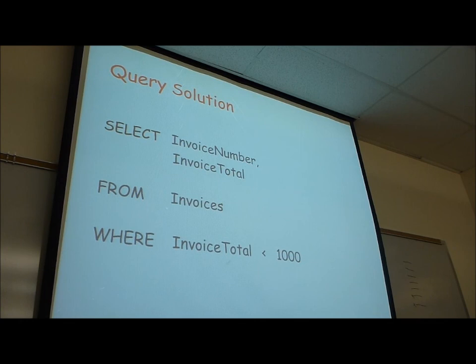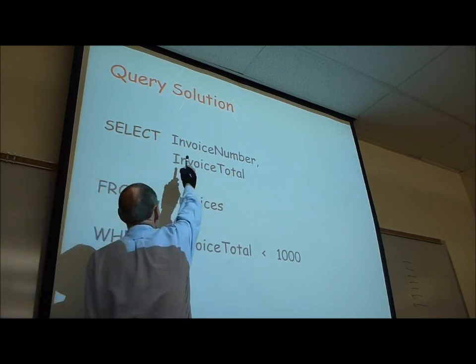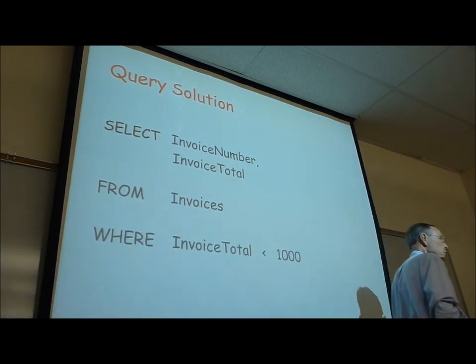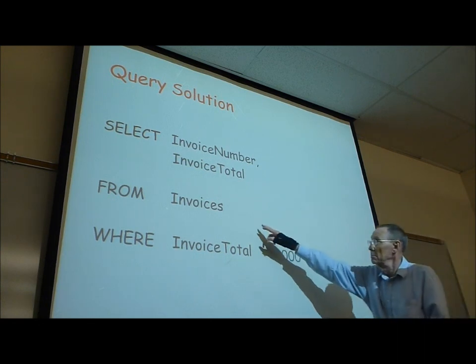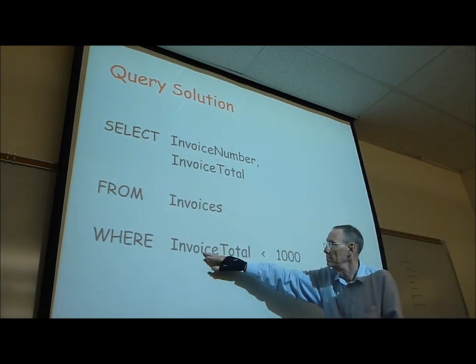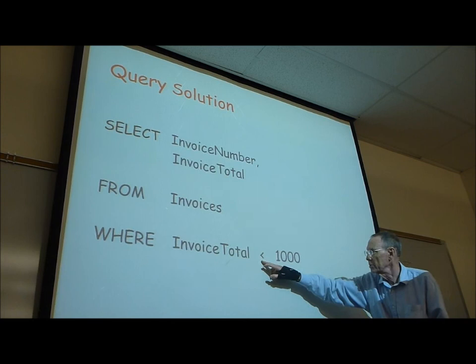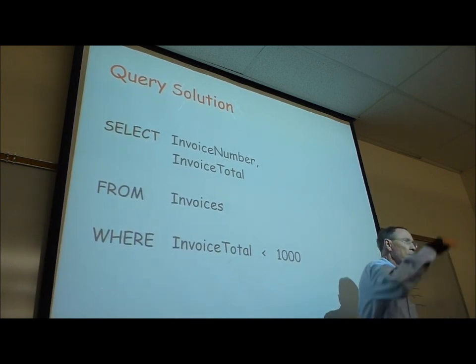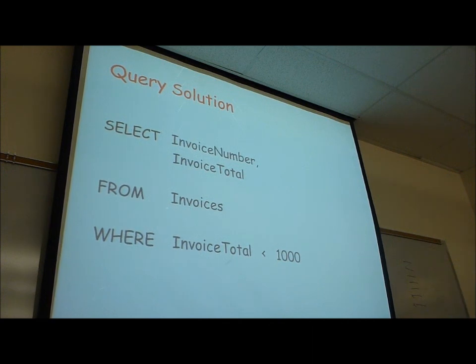So an example of that would be, you're going to have your columns of interest, the invoice number and the total, and then from invoices where invoice total is less than 1,000. When this condition is true for each invoice number, then it goes to the results set.